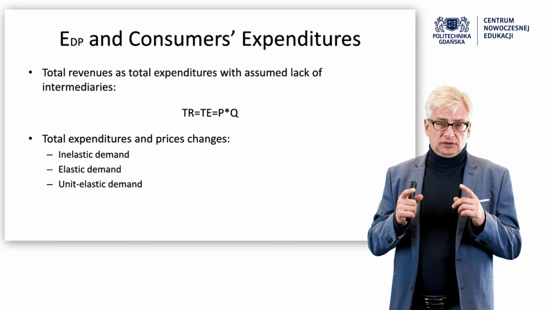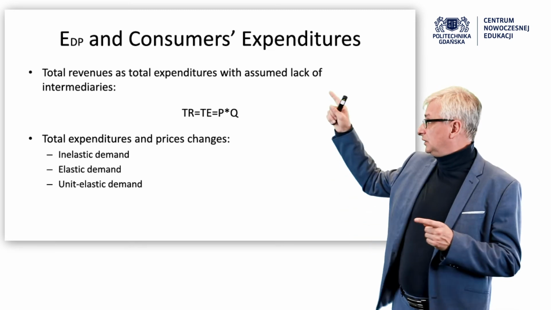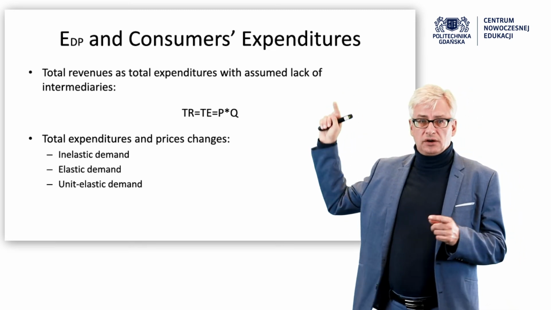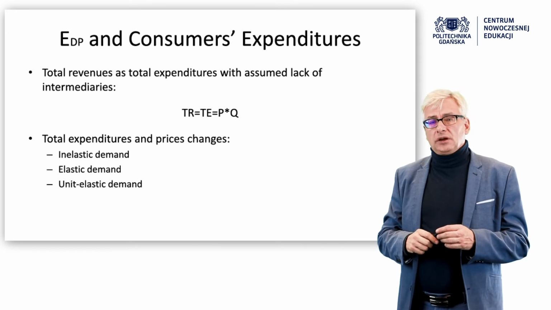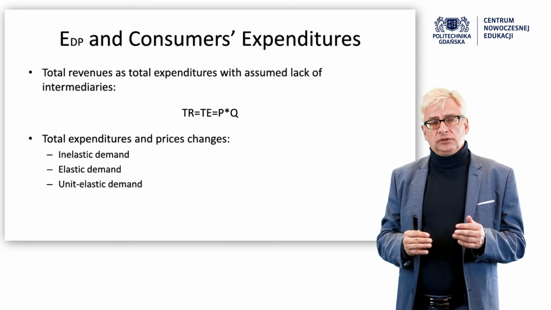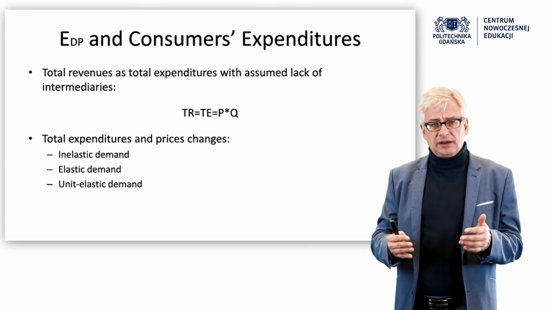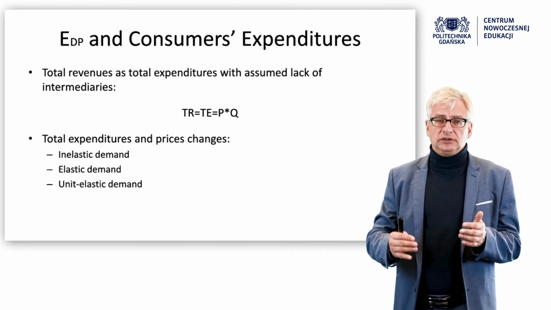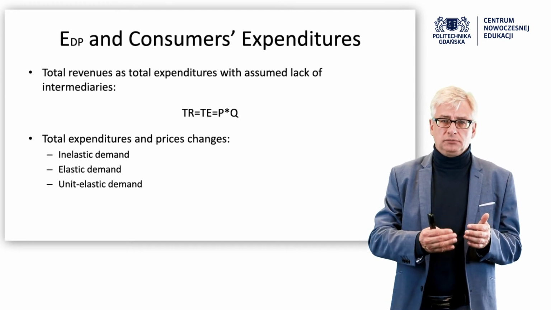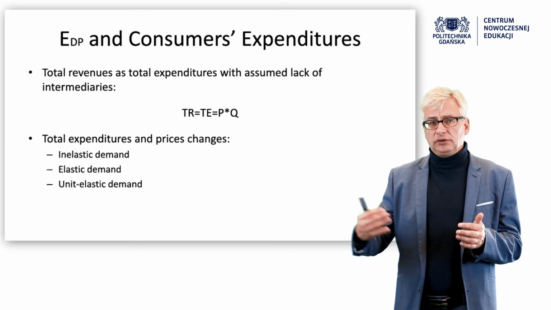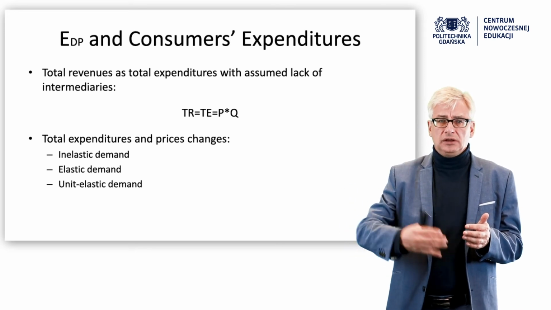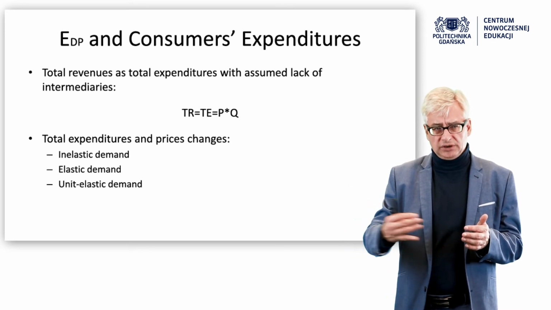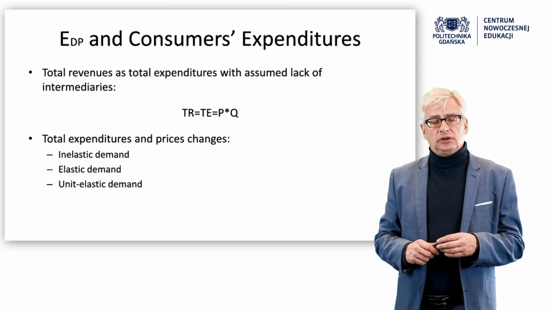We could say this is just the same money, as you can see from the equation, TR equals TE. Total revenue is the money that a business gains from selling things. So it is calculated by multiplying price, P, times quantity, Q. How much we sell times at what price we sell. This is total revenue.